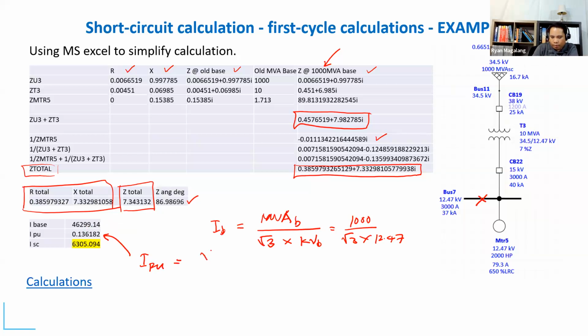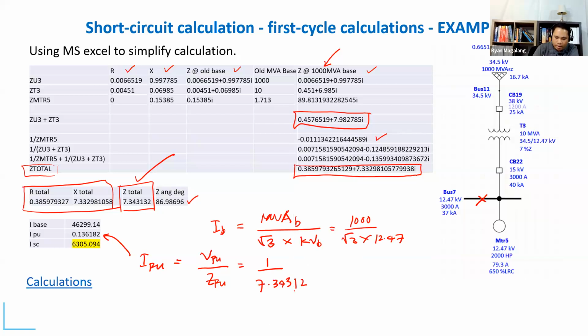voltage per unit, which, as the IEEE recommended to us, we use 1 per unit, divided by my Z per unit. So 1 divided by this value here is 7.343132.